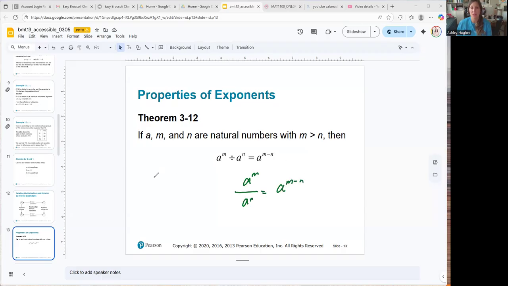And it is illustrated really well. If you have an example, like say I have x to the 5th over x cubed, this is like 5 x's divided by 3 x's, and you can see that 3 will cancel, and you'll be left with x squared. The easy algorithm for that is taking the numerator and subtracting the denominator. Excellent.